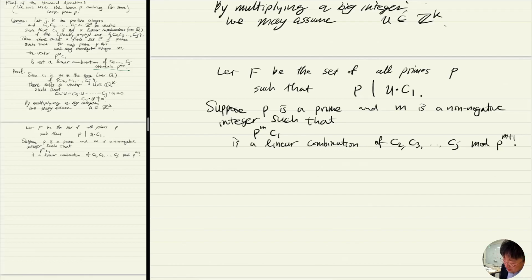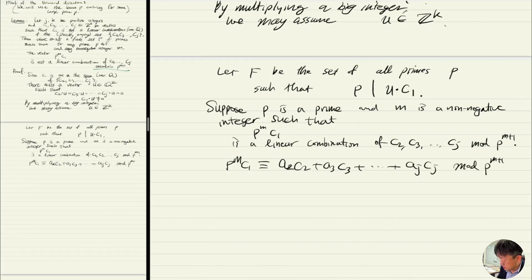So what does that mean? p to the m times C1 is equal to A2 C2 plus A3 C3 up to Aj Cj modulo p to the m plus 1. Now we take a dot product on both sides.